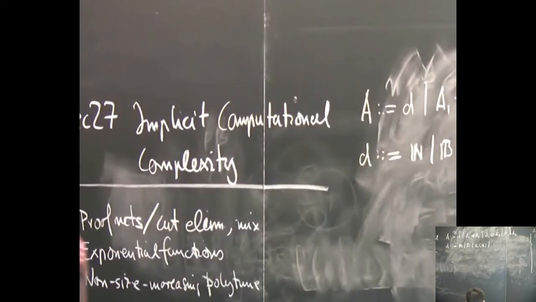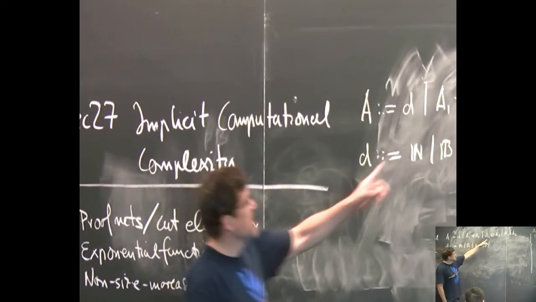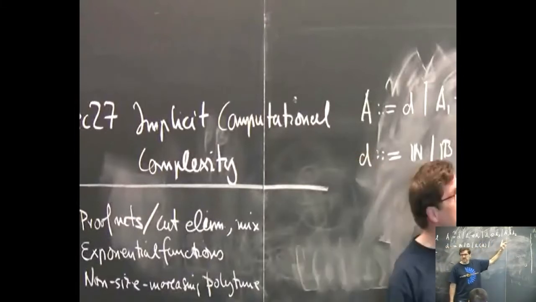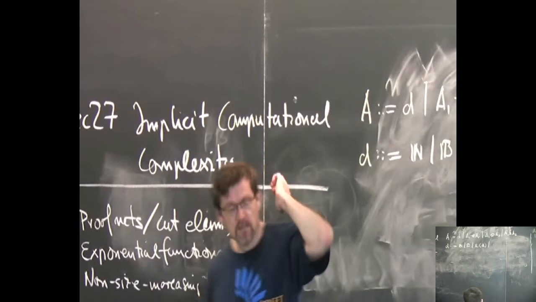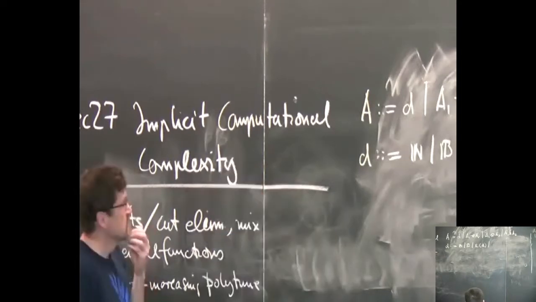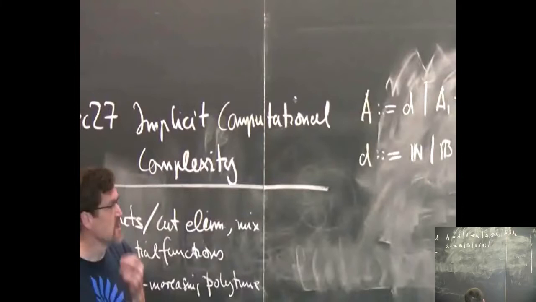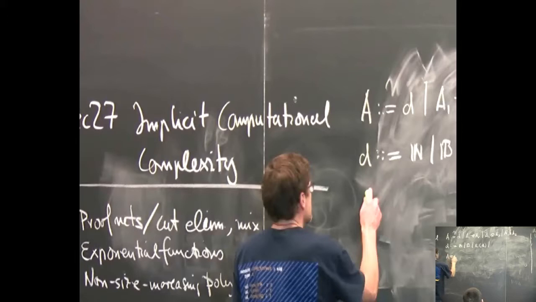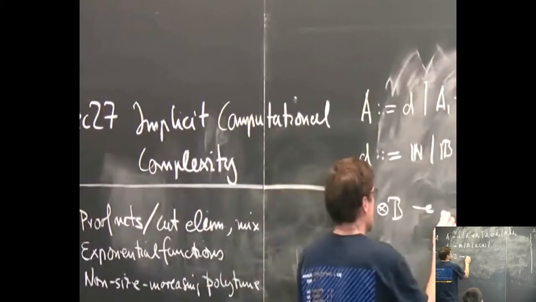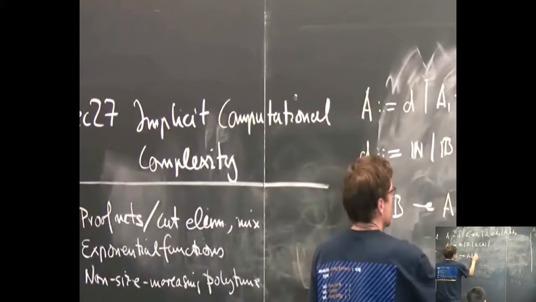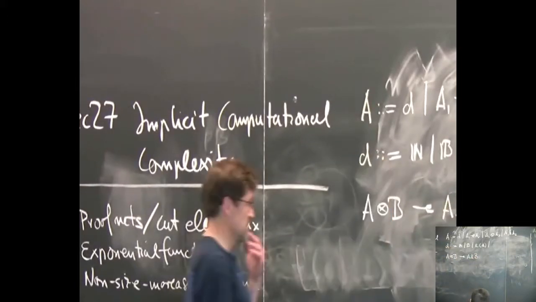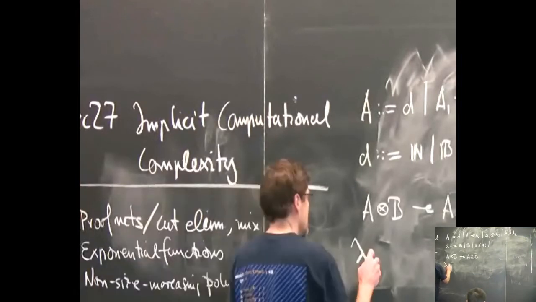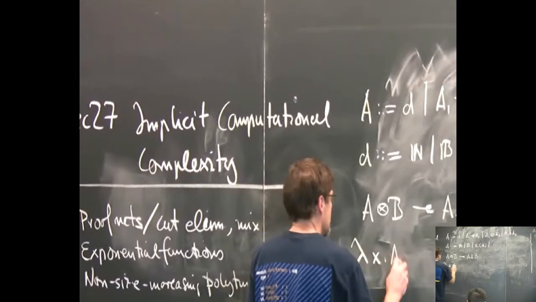We have lambda and application, pairing and a let for decomposing a multiplicative pair, and pairs with first and second projections. One important observation is that in affine logic, it should be the case that from A tensor B, we can prove affine A with B. I believe that's the right direction. So let's see, the function would be lambda x colon A tensor B.